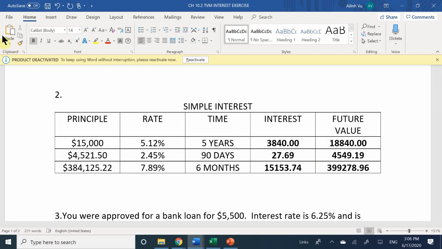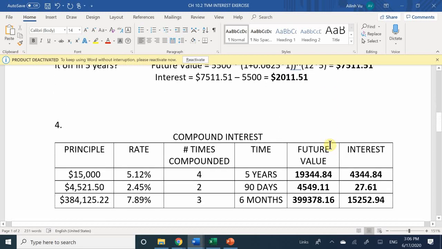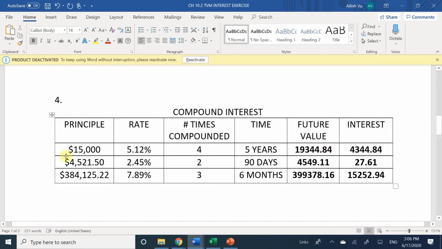For example, for my first one, I had a $15,000 investment, and for my interest I only got $3,840, right? So my total was 18,000, okay? But if I compare that to this one, the same exact problem, except now it's compounded 4 times a year, I noticed that my increase, instead of 18,000, is now 19,000.